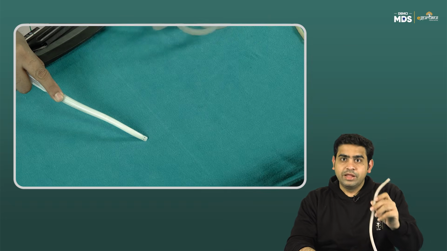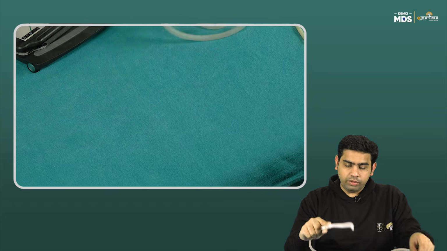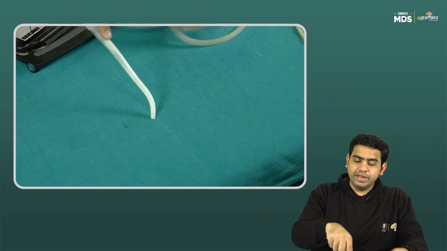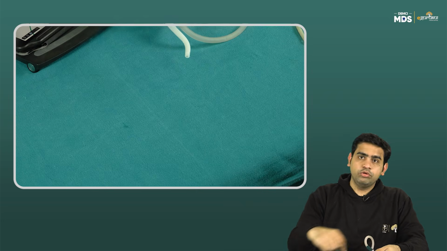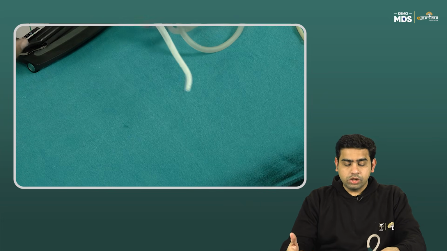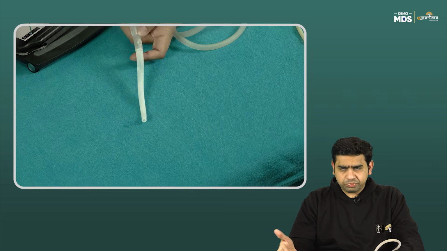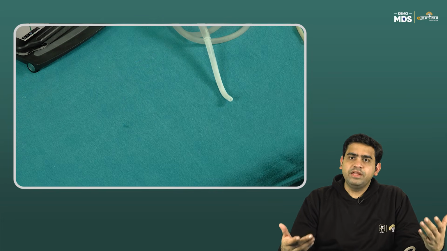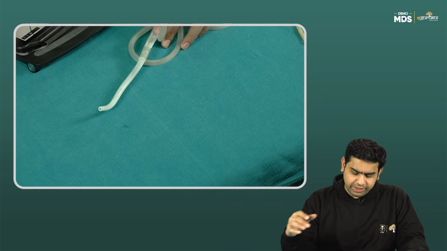So negative suction is created in this tube, and once I put this into the blood or whatever collection, that fluid is sucked from this point and taken into the suction machine. This is how it works. This is what is called a Yankauer suction. It's very commonly used, basically used in every surgery. Nothing major, but it's something you should know.